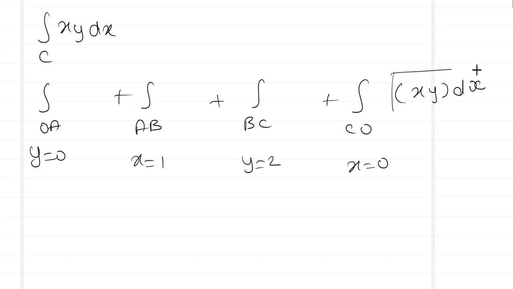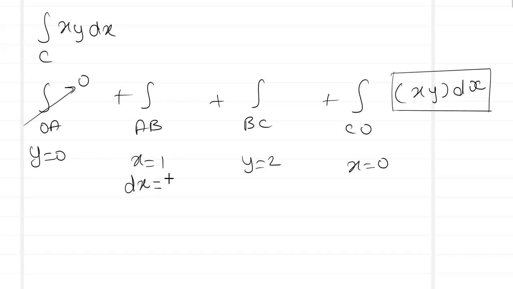So these are the lines I am going to evaluate for. Y equal to 0. Substitute y equal to 0 over here. What will happen to the function? The function will entirely vanish and this integration will become 0. The next equation: x equal to 1. Put x equal to 1. I have y dx. When x is equal to 1, what can you say about dx?